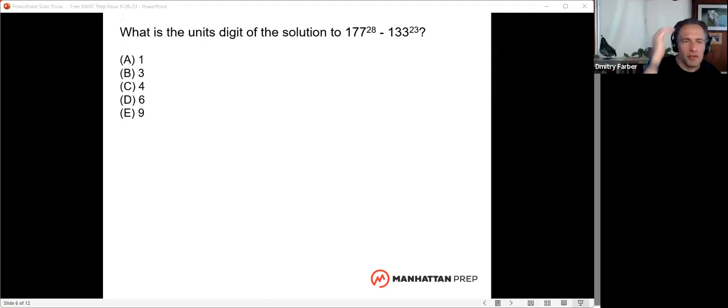Okay, so any ideas? If we look at the answers, first off, we know it's just going to be a unit digit. It's going to be a number from 0 to 9, and we've got 5 of those numbers listed. Anything we know about that unit digit before we start trying to do a lot of work?